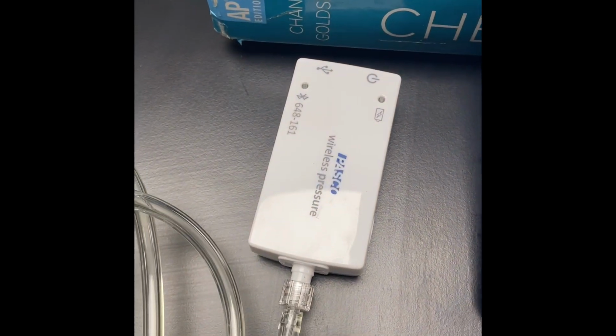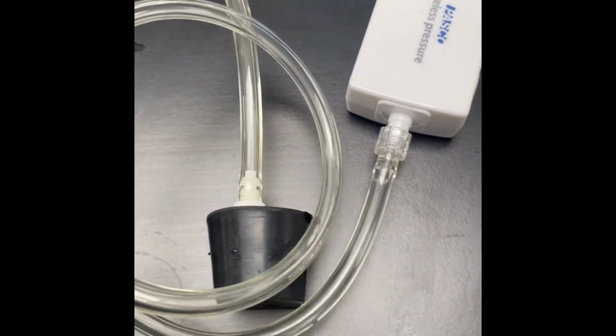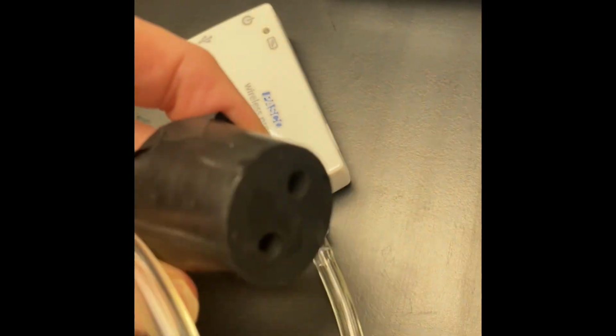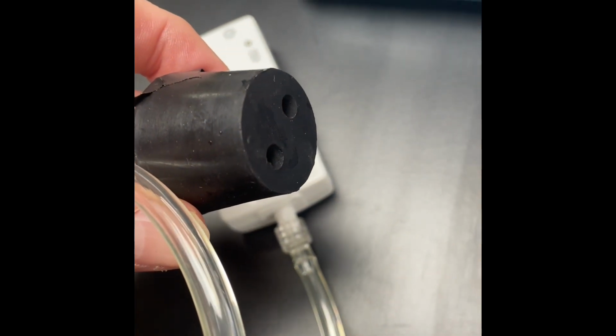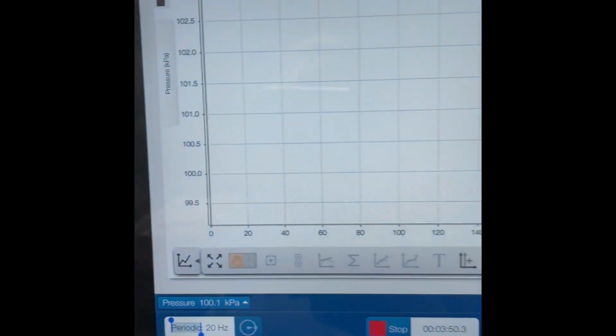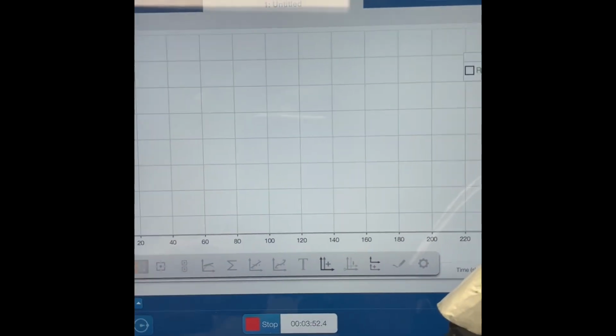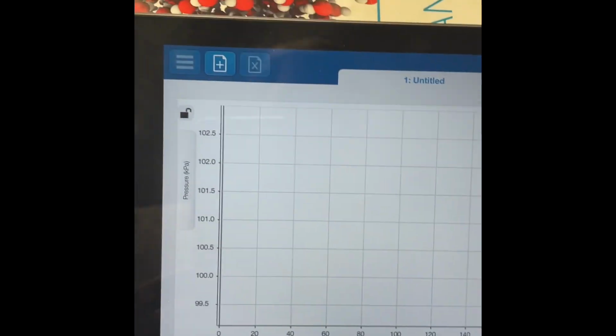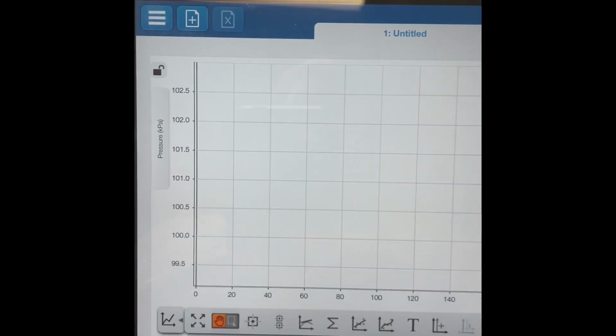Here is a pressure probe, and we are detecting air pressure as the air molecules enter this, and we can register it on a Bluetooth graph here. So let's push start and see what we got.